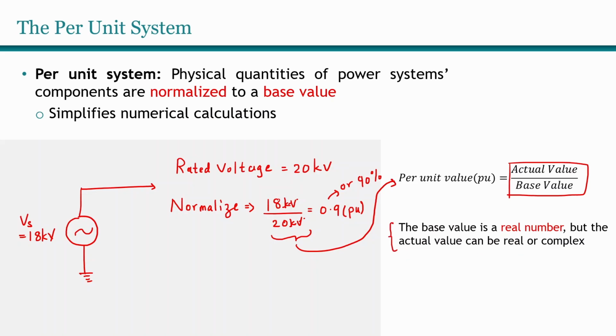Now that we know what a per unit value is, we can start applying them to analyze power systems. To apply them for power systems analysis, there are a few simple rules to follow. On the previous slide, we saw that we can select a base voltage to obtain the per unit value of a voltage.